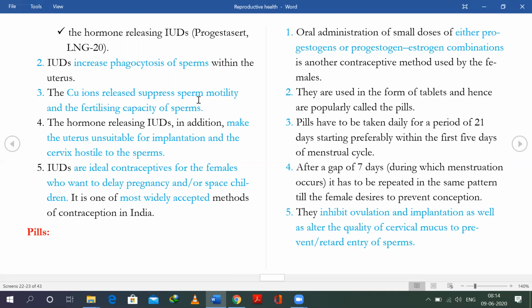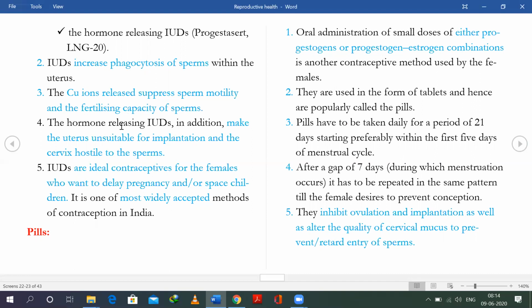So the sperms will be immobile, that means the motility will be inhibited, and the fertilizing capacity of the spermatozoa is also affected. They will not be able to fertilize the ovum.